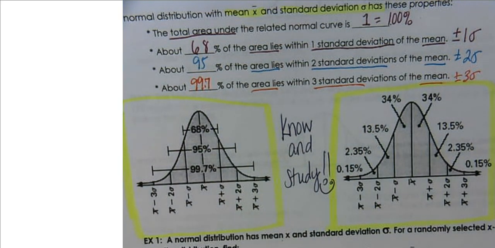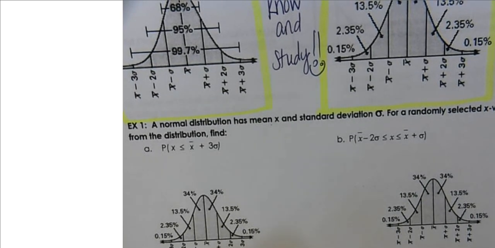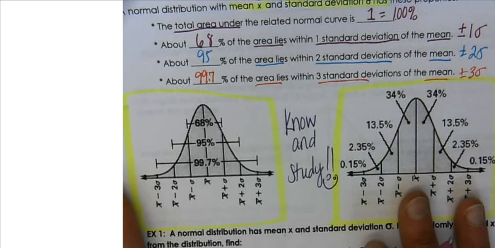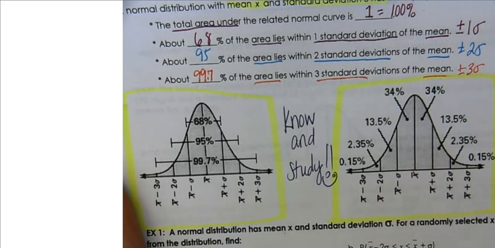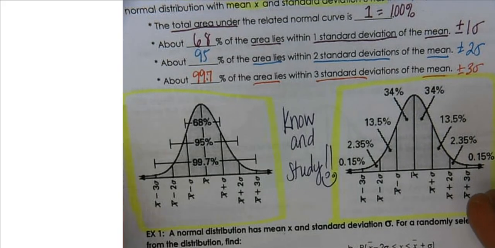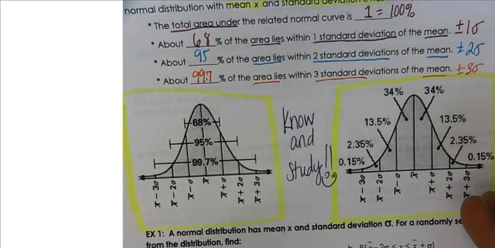All right, let's go ahead and use these tables to help us actually identify our probabilities. Whenever we are referring to the percentage underneath the area, what we are actually referring to is the probability that a data value lies within a certain range underneath the curve in a specific shaded area.